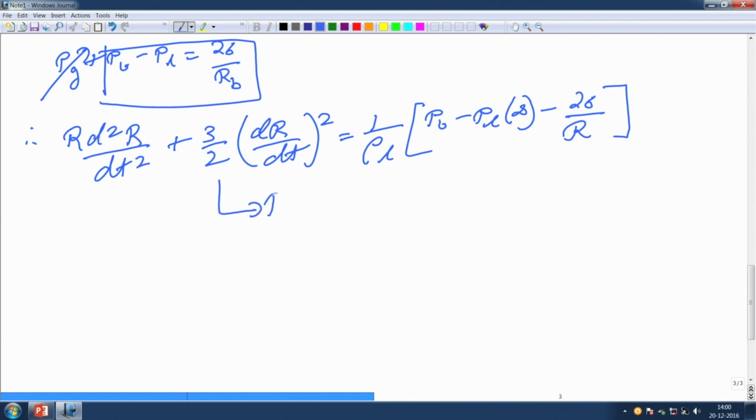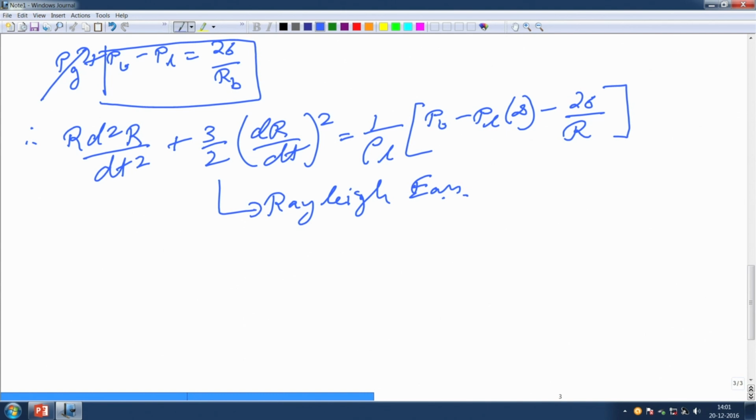This equation is called the Rayleigh equation. You can see that this is the growth of a bubble inside a superheated liquid, and this is the general form of the equation.